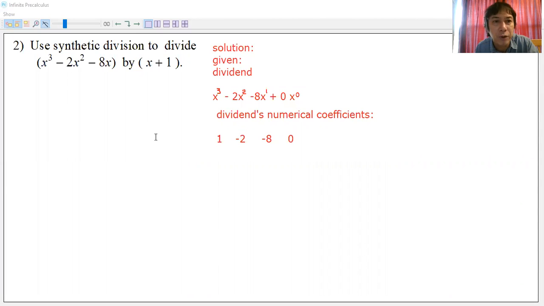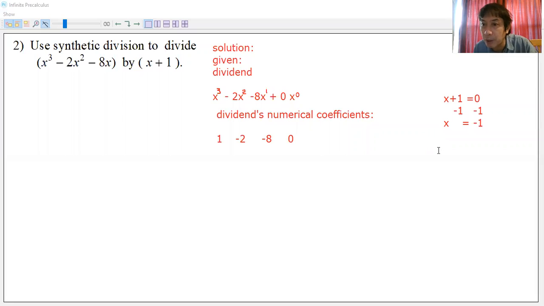Now we're going to have our trial divisor. Of course, that will come from the x plus 1 expression. So we will have to make use of the x plus 1, equate that to 0, and solve for x. So this will be -1, and x is equal to -1 there.